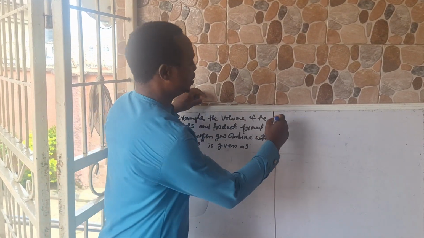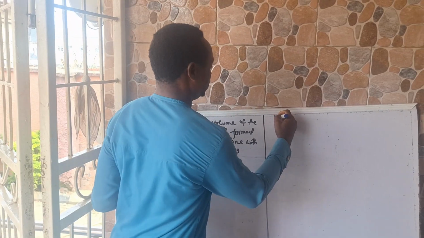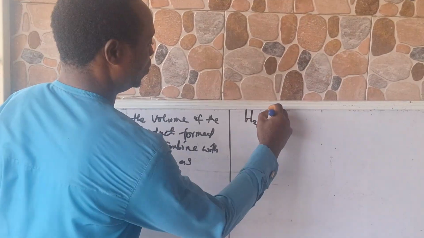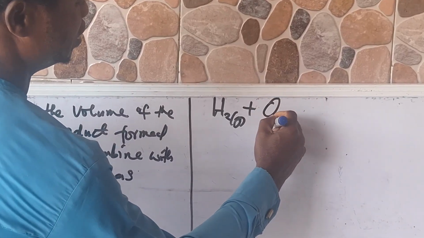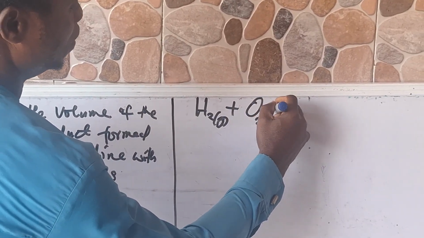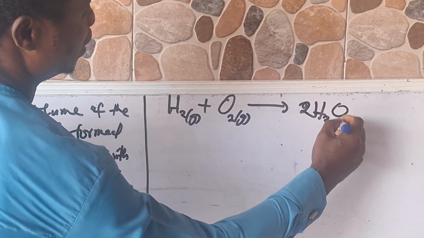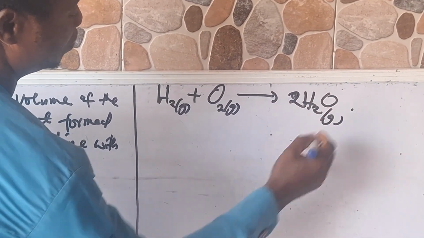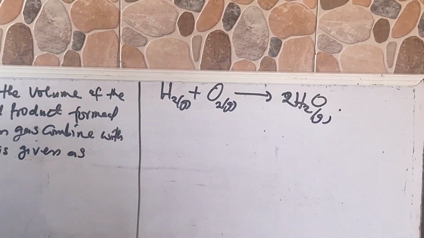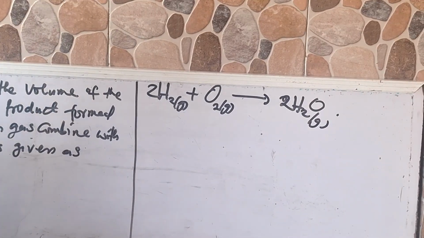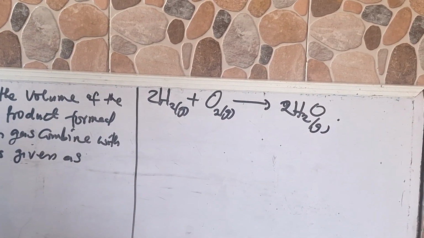Now we have it like this: hydrogen gas, H2, in gaseous form combines with oxygen gas to give us water in gaseous state. Now this is the balanced equation of the reaction between hydrogen gas and oxygen gas.